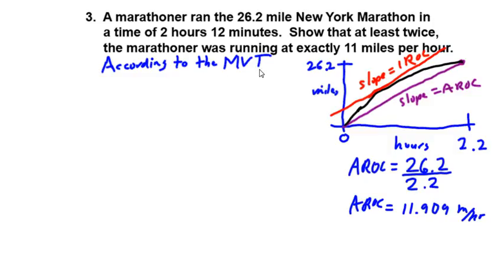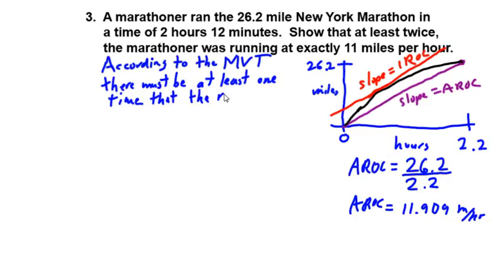So according to the mean value theorem, there must be at least one time that the runner was going at exactly 11.909 miles per hour, put mph.